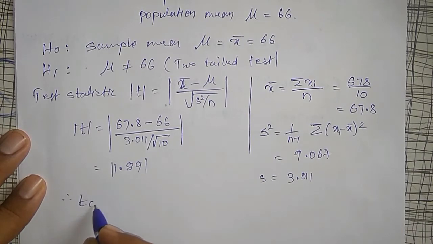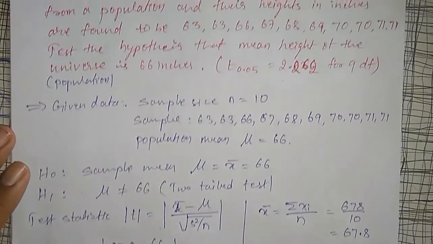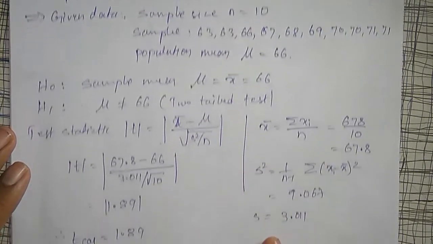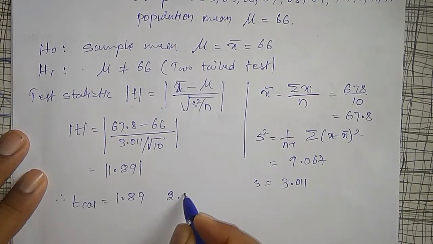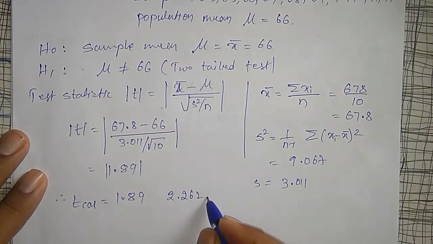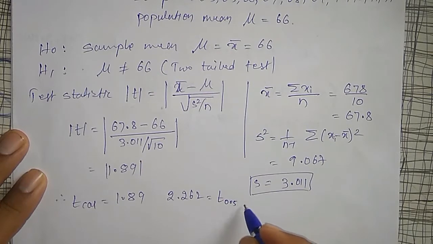Therefore, the t calculated value is 1.89, whereas the table value, which is given in the problem itself, or you can use the table also, is 2.262 for the 0.05 level with degrees of freedom 9.